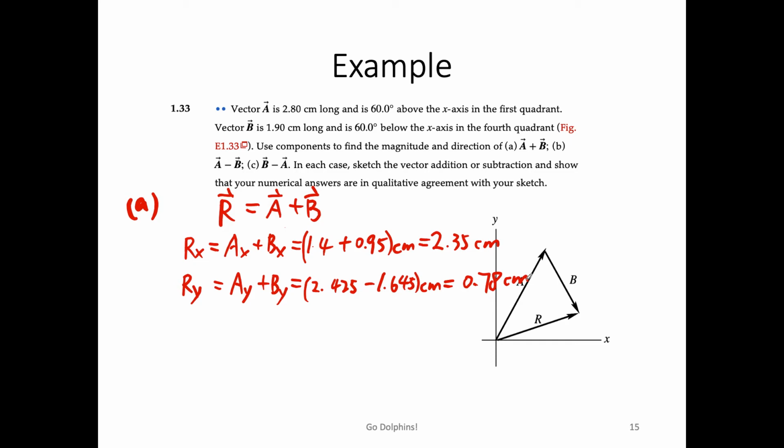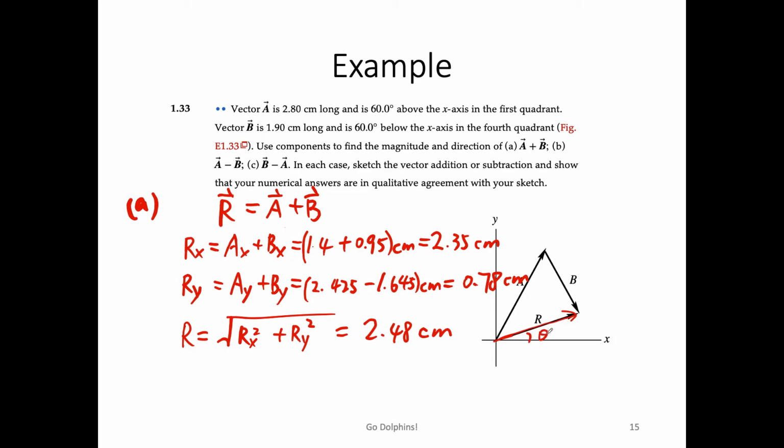We find the components Rx, Ry, the components of A plus B. So now we are ready to find the magnitude. Using the Pythagorean theorem, we find it is 2.48 centimeter.